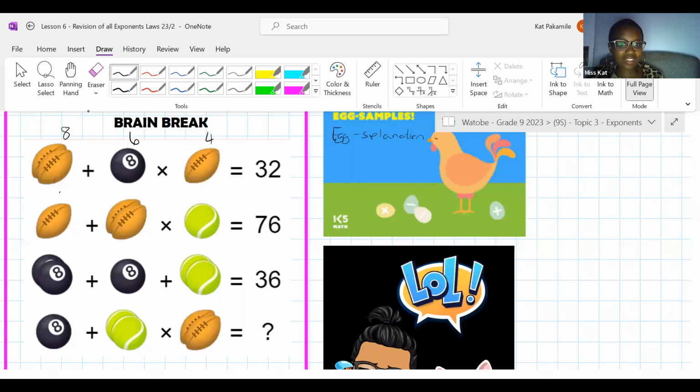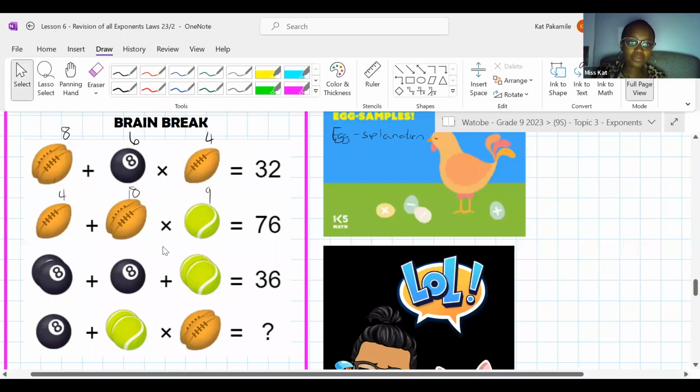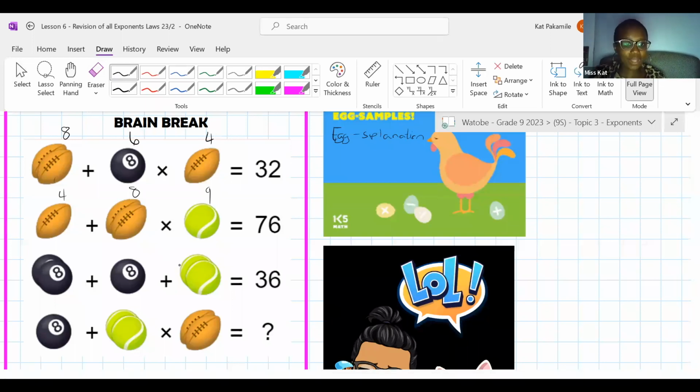Okay, so if this is 4 and 8, then that would be what? So 76 minus 4 is 72. So it has to be 8 times 9. So our tennis balls are 9. Wonderful, Emmanuel. Okay, so if that's 9, this is 18, this is 18. That would be 6 and 12, 6, and that's 8.